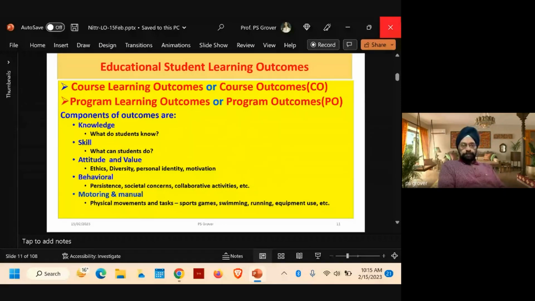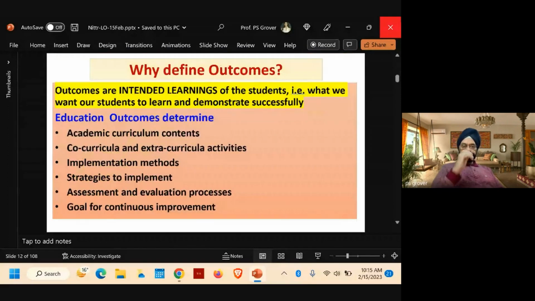See, when I say education learning outcomes are at the course level or at the program level, you know by now that the program is a collection of courses, various subjects. Whether it's a course level or a program level, the outcome definition remains the same.